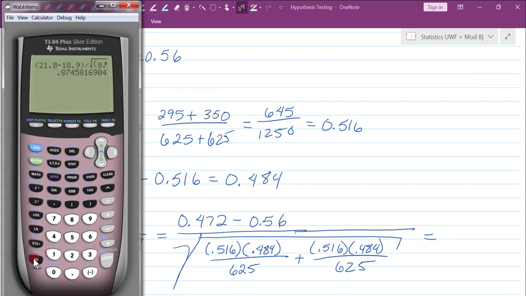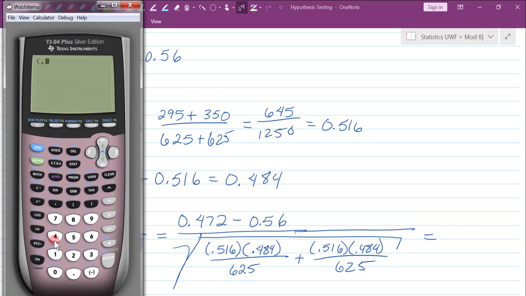Turn it on, clear it out. Parentheses, 0.472 minus 0.56, close parentheses, divide, square root, got it.